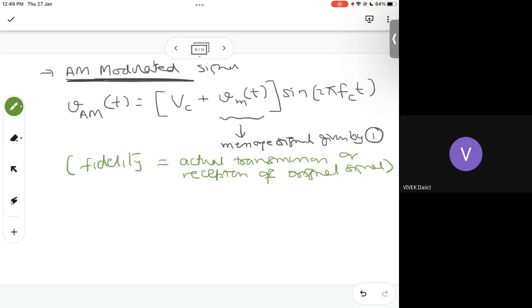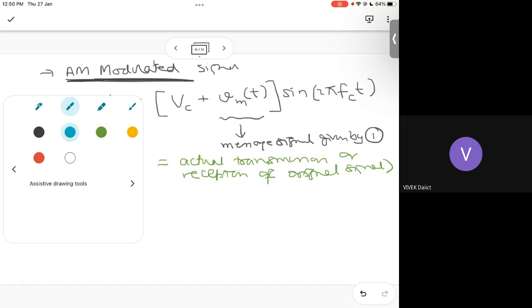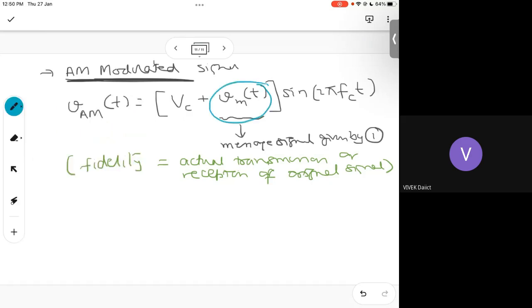So if you notice here, the entire message signal has become part of the amplitude. So this becomes the amplitude of the modulated carrier. So here, VC plus VM(t), that becomes my amplitude of the modulated carrier.